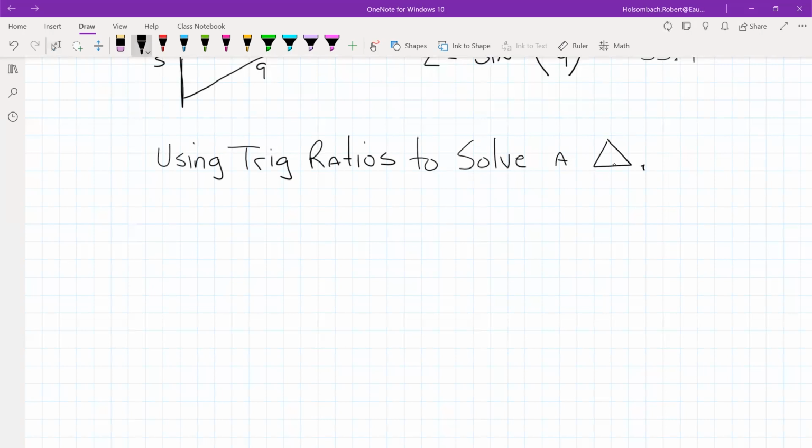Now, what solve a triangle means is to find all the side lengths and to find all the angle measures. Okay? So, example 5 says solve the right triangle.